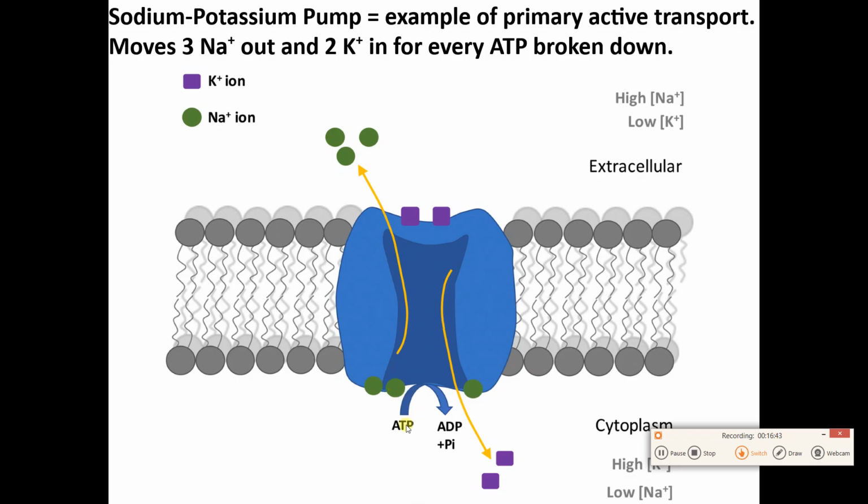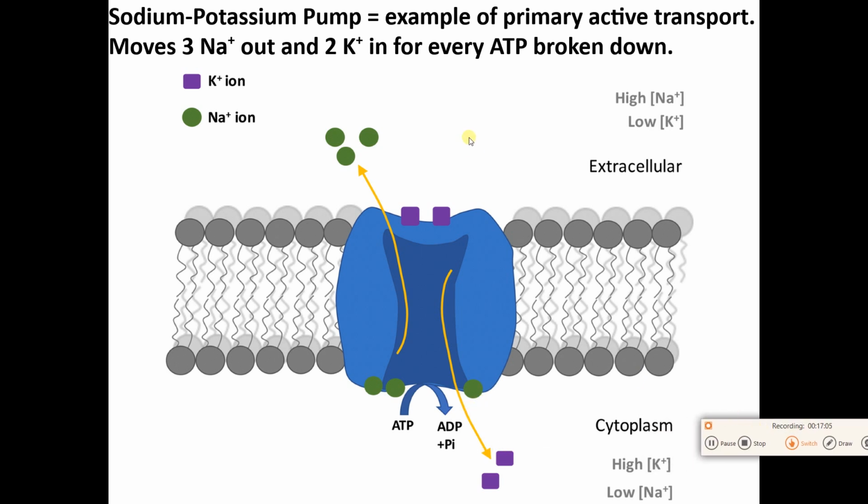The sodium-potassium pump is breaking down a molecule of ATP into ADP and a phosphate, and it's using that energy released to actually move 3 sodium ions out of the cell and move 2 potassium ions into the cell. And both those ionic movements are against their gradient. And so this is going uphill for both these guys. And so this is an example of primary active transport.